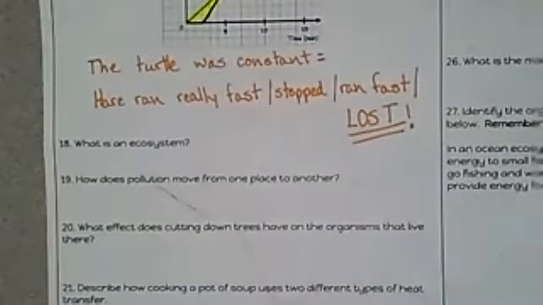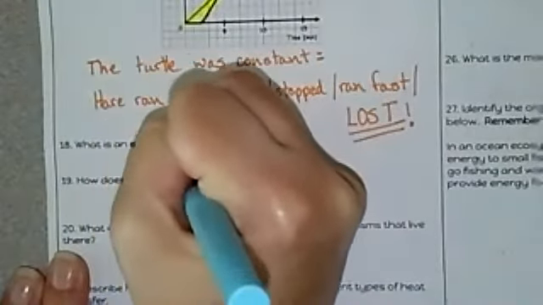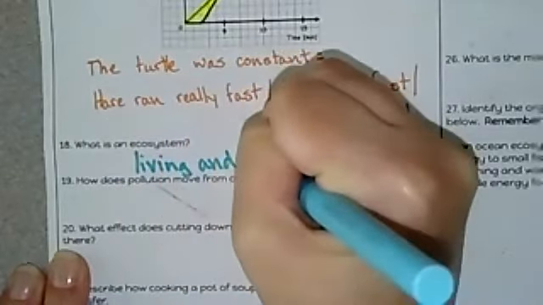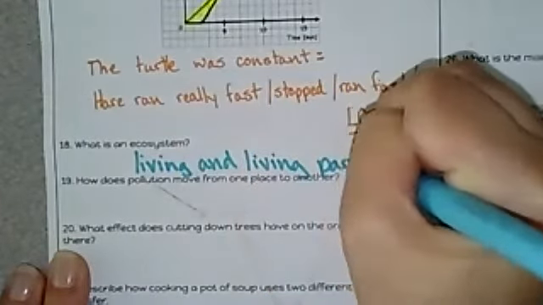All right, now we are into the review questions. What is an ecosystem? Ecosystem is the living and non-living parts. It's all of that stuff.